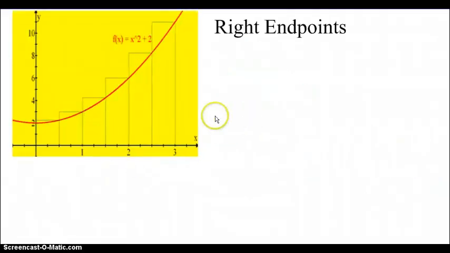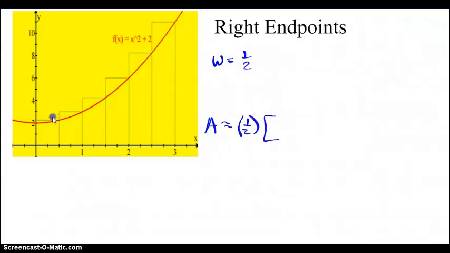We could do the same thing with right endpoints. Our widths are going to be the same. All of our widths are 1/2. That hasn't changed. Our area now is approximated by our widths times the sum of our heights, but now our heights are coming from the right endpoints, right? So our first one is 1/2 squared plus 2.